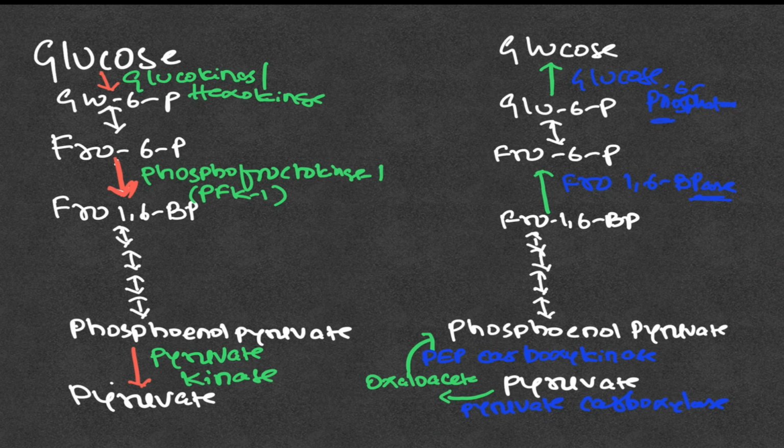So, like this, 3 irreversible reactions in glycolysis will be taken care of in gluconeogenesis by 4 enzymes. For the pyruvate kinase step we need 2 enzymes, pyruvate carboxylase and phosphoenol pyruvate carboxykinase, to take pyruvate back into phosphoenol pyruvate. For phosphofructokinase 1 step reversal we have fructose 1,6 bisphosphatase, and for the glucokinase/hexokinase step reversal we have glucose 6 phosphatase.